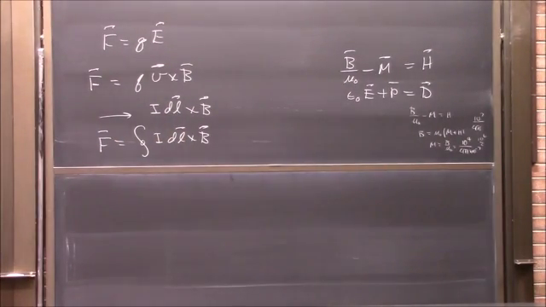So, the complete story for electricity and magnetism is the four Maxwell equations, giving the divergence and the curl of E and B, and the force equation. And the force equation, then, is the sum of these two.